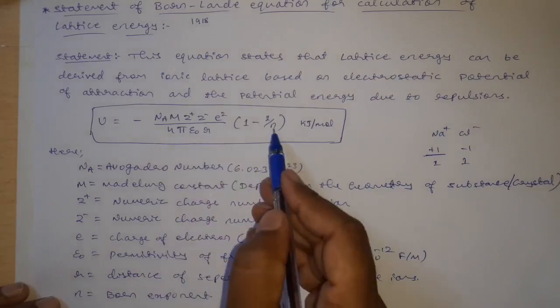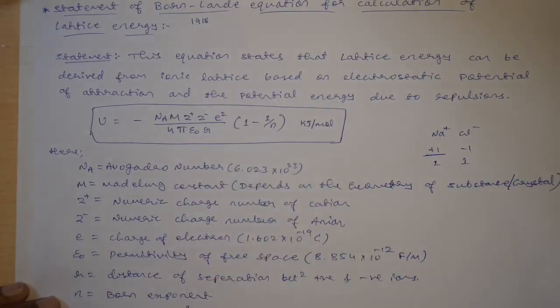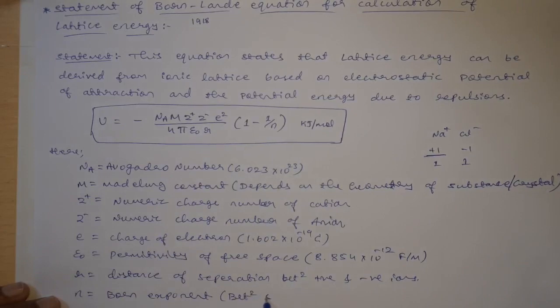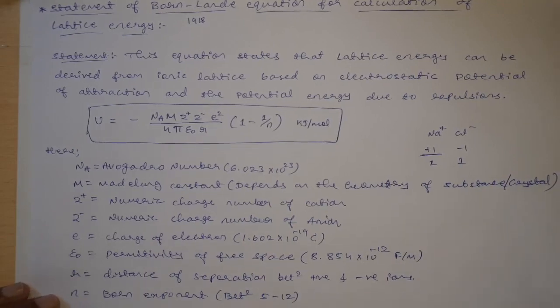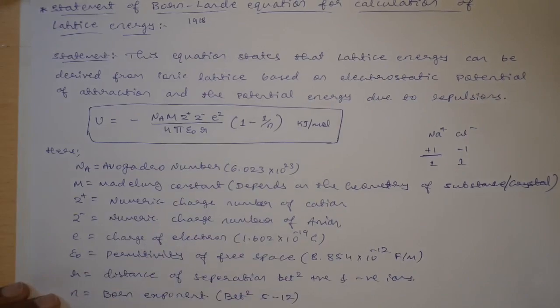This N is nothing but a Born exponent, and its value is between 5 to 12. It completely depends on what material we are using, what type of solid we are using. The value of Born exponent ranges between 5 to 12, and we know the value of pi is also 3.142.